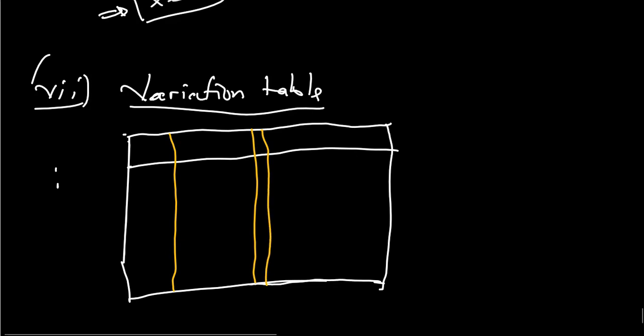So I'll use double lines to represent the asymptote. So this is the point -1. Then immediately after this we had infinity. So I will keep this positive infinity, and this negative infinity.